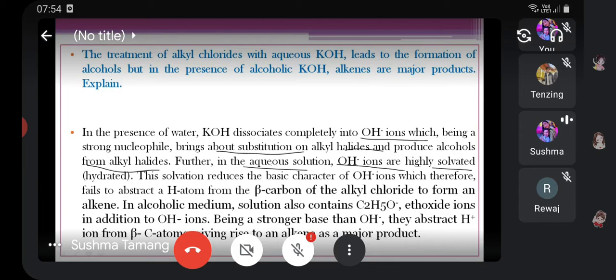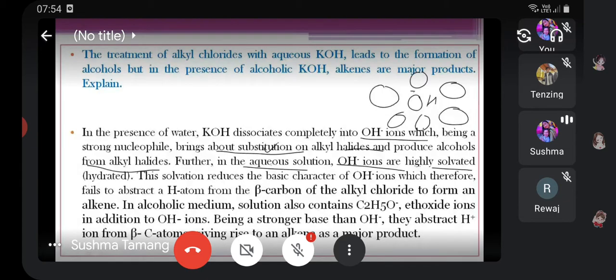What does solvation mean? Water molecules surround it, because water is also a polar molecule; the positive site holds this negative OH minus and solvates it. Because of that it cannot show its basic character easily, and it will act as a strong nucleophile, so substitution reaction will occur and we get alcohol as a product.